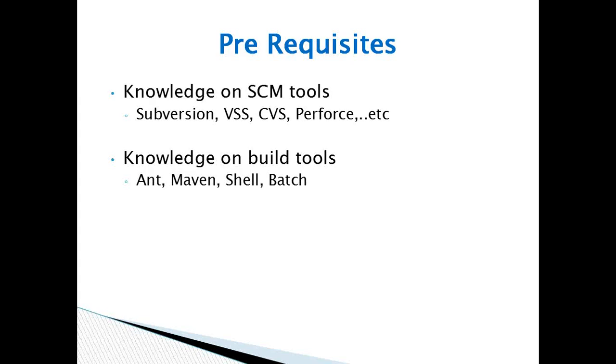There are different kinds of build tools available: Ant, Maven, Shell, Batch, and MSBuild in the case of .NET projects. If it's a Java project, we use Ant or Maven. So the build is nothing but the process of creating the deliverable from the source code. This process involves multiple steps, and these steps can be automated using the build tools.